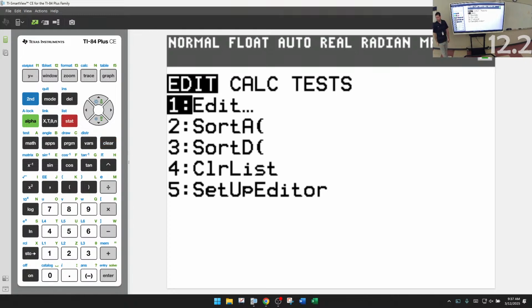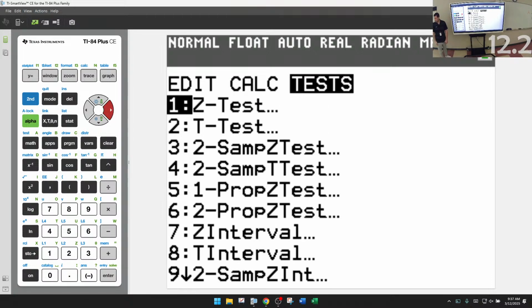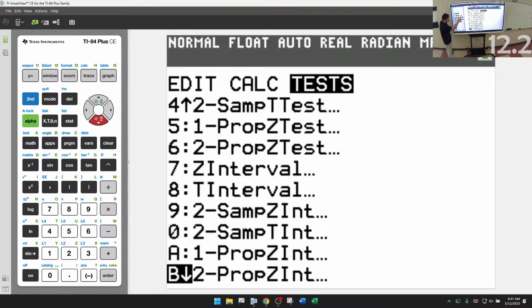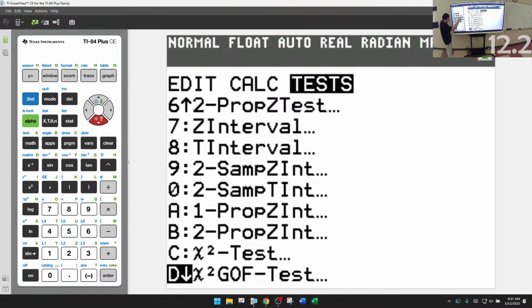Stat. Now, tests. There's one that just says chi-squared test. This is where you have to be kind of careful what you're doing with the calculator. The GOF says GOF.